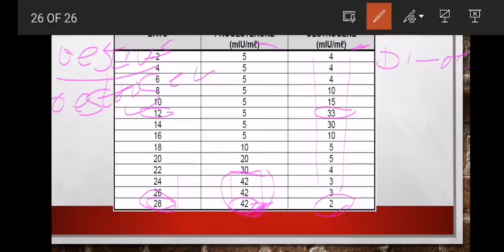Remember the question was, is the animal pregnant or not pregnant? We say if the animal is pregnant, progesterone will increase. But if it is not pregnant, progesterone will do what? It will decrease. But if you check it here, it's not decreasing. So it means the animal is what? Pregnant. Why? Because the level of progesterone is increasing or remaining the same.